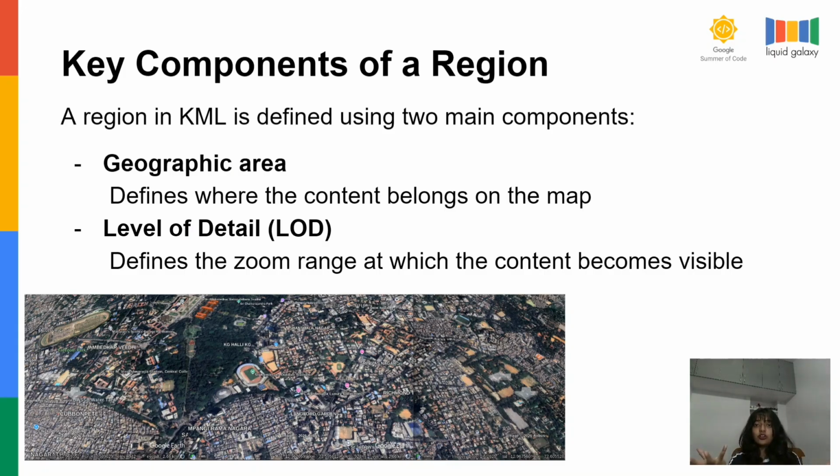By combining geographic boundaries with LOD rules, we get very precise control over content visibility. This is a core concept, so it's important to understand it clearly. You can think of it as saying this content exists in this area, but only becomes relevant at this level of detail.